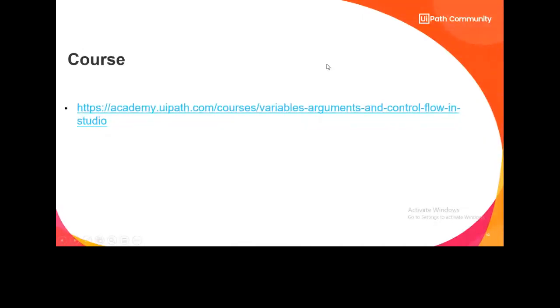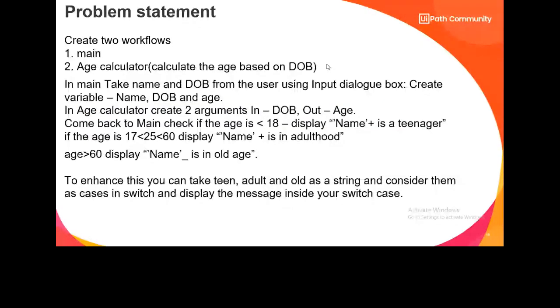And for your assignment, this will be your problem statement. We have already seen how to create two different workflows and call one inside of the other one. So here you are creating two different workflows. One is main and the second one is an age calculator. In the main, you are going to create three variables, that is the name, date of birth, and the age.